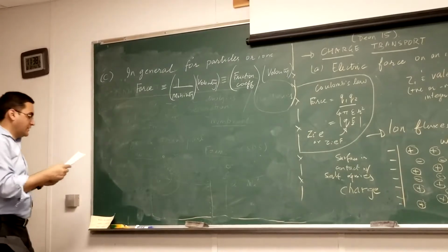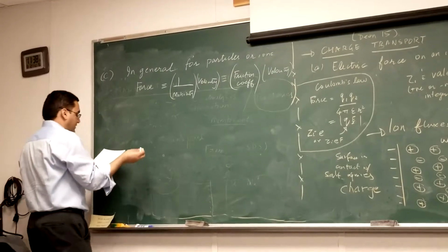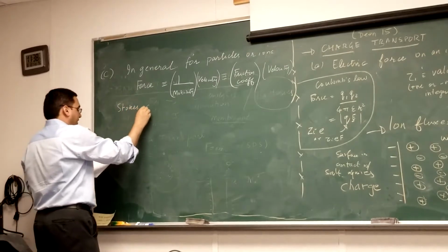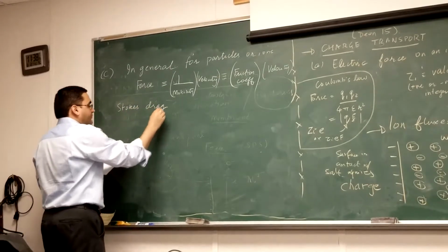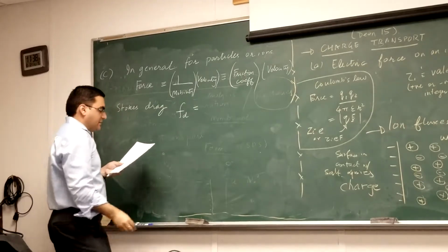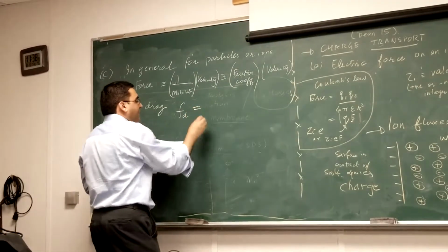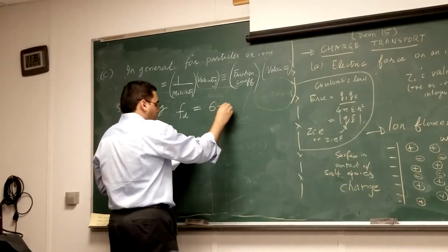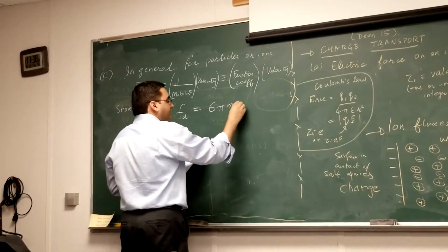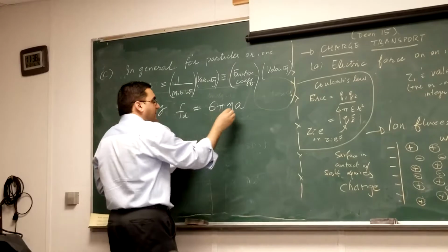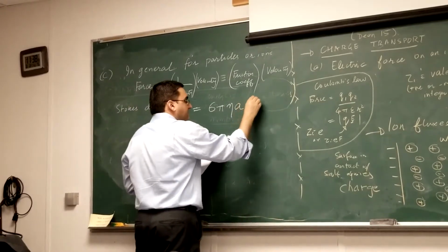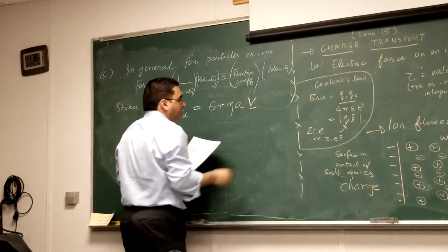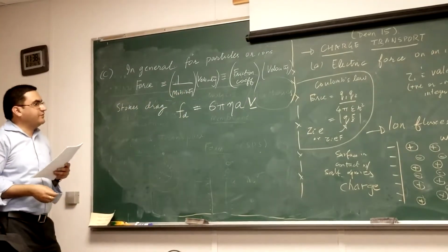And for that force, one example is the Stokes drag, which we mentioned earlier, which is always relevant when we have low Reynolds number flows. So Stokes drag is what a bacterium feels when it swims around. Stokes drag is what many of your red blood cells might feel when they are in blood.